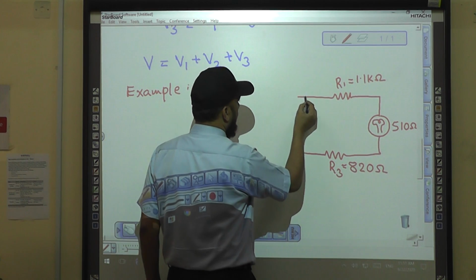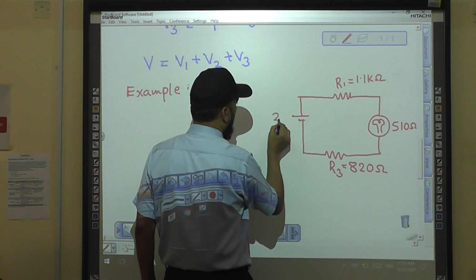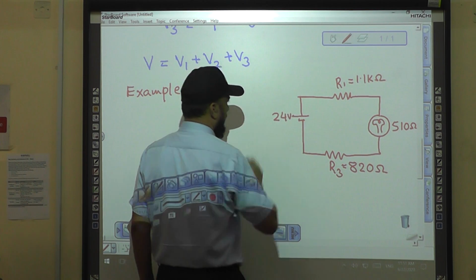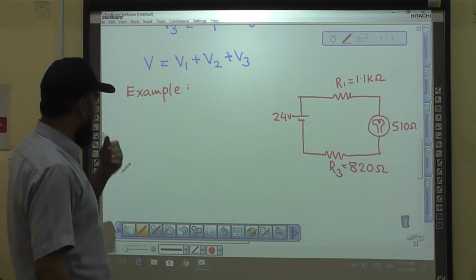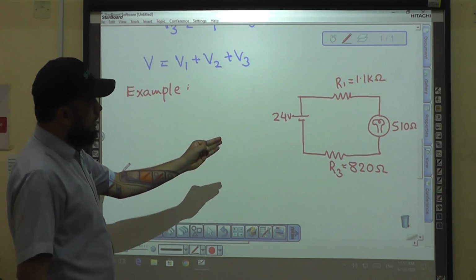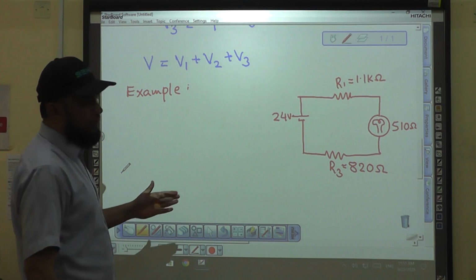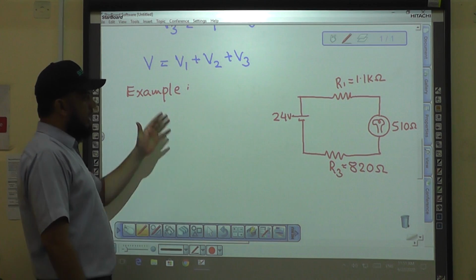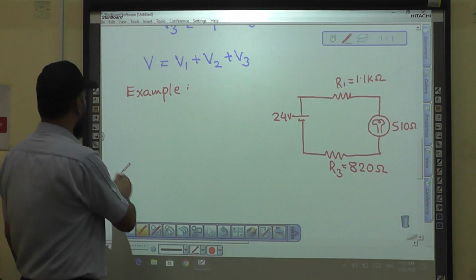And we are supplying a source voltage of, say, 24 volt. We will go one by one to calculate the different voltage drops, the current, the total current, and after that, the last step, we will check the output by comparing the sum of all the voltage drops with the source voltage. The first one, solution.